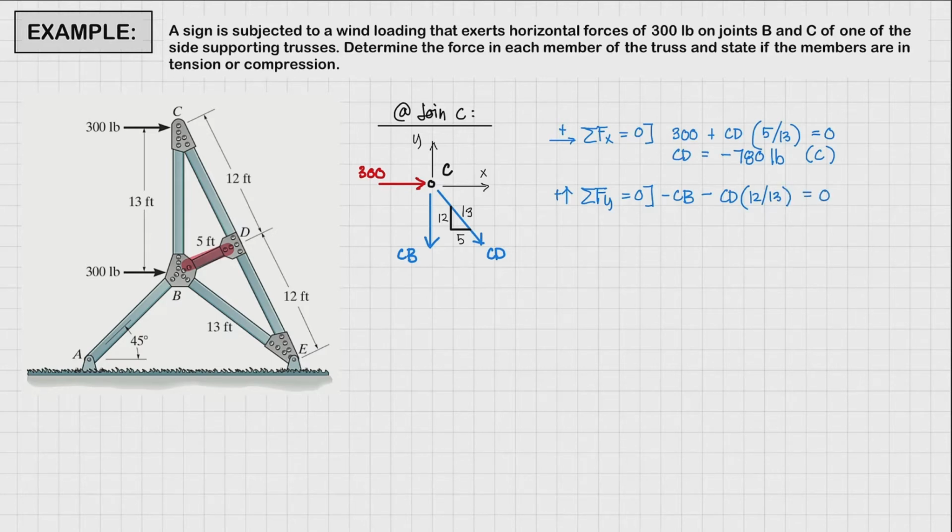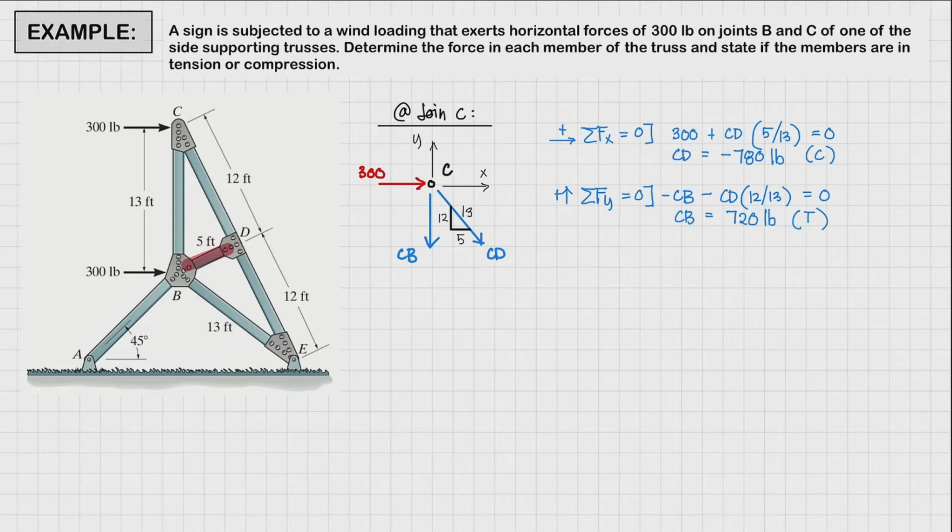We already know CD from here. So we have one equation, one unknown. We can solve for CB, and that is going to be equal to 720 pounds. Since it has a positive sign, our member is going to be under tension. In our free body diagram, we assume that the unknown forces in our members are all in tension. Alright, so let's proceed to the other joints.